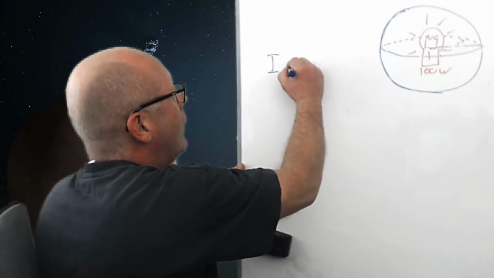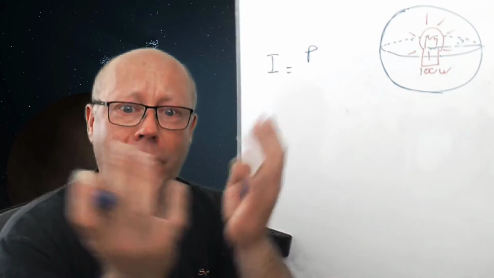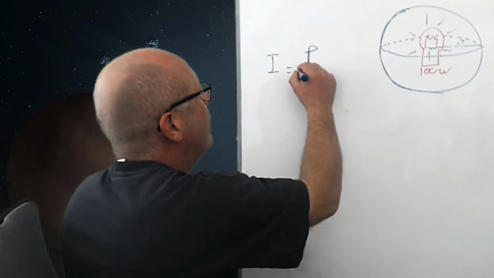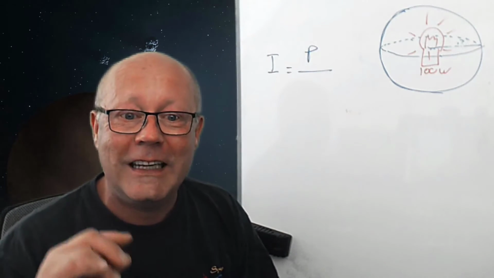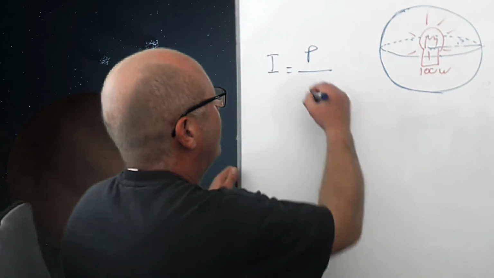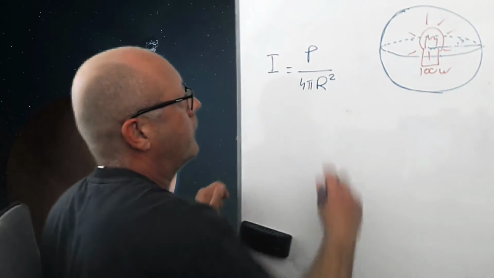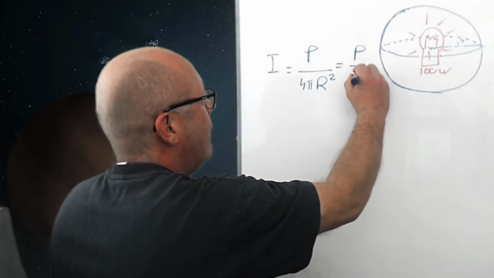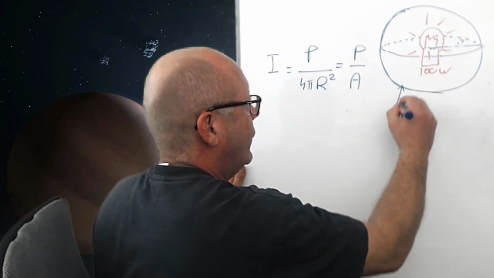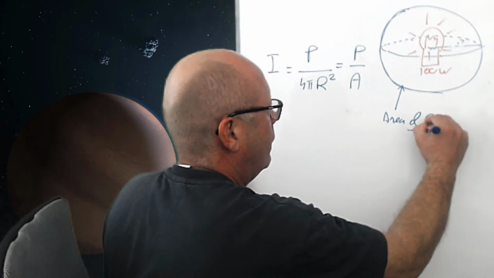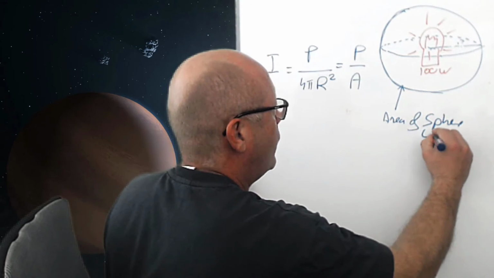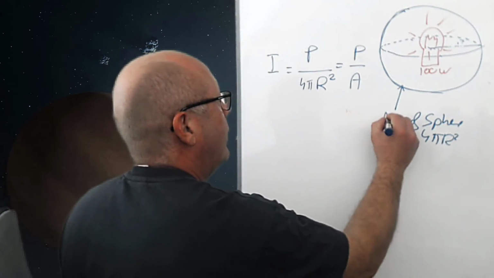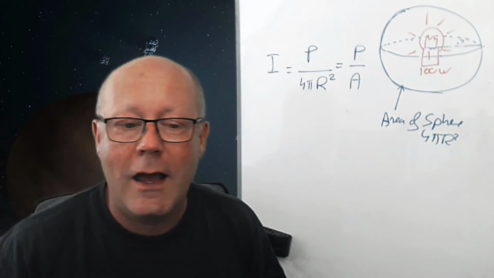The intensity will be the power received by the whole sphere, because it's the same as that of the lamp, divided by the area of the sphere, because the intensity is power divided by area. And the area of the sphere is 4 pi r squared. I sometimes say area, sometimes surface. It has the same meaning. Please know that.